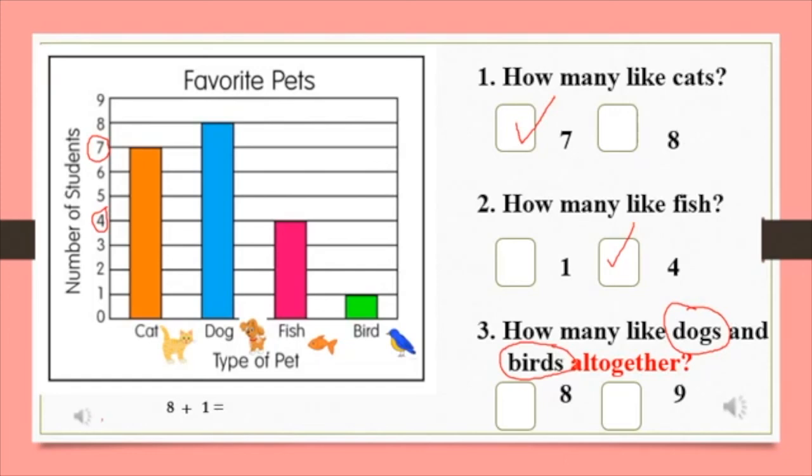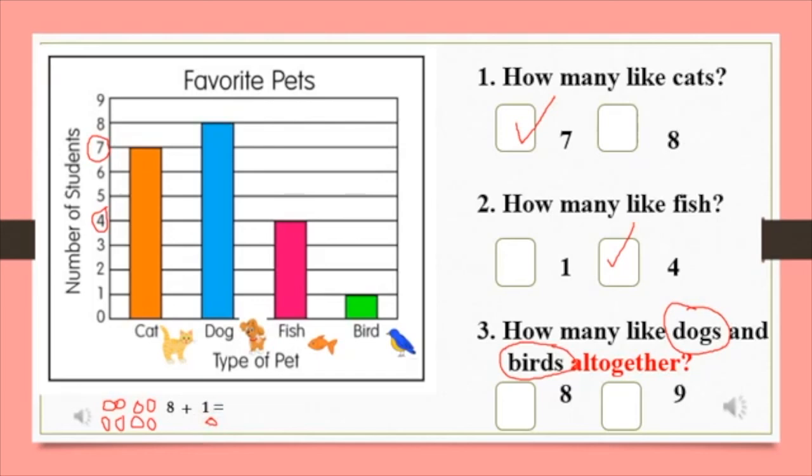1, 2, 3, 4, 5, 6, 7, 8, 1. Now let's count them all together. 1, 2, 3, 4, 5, 6, 7, 8, 9.